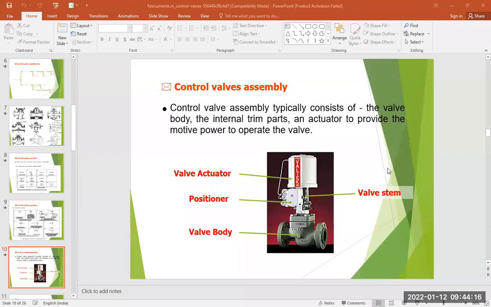Okay, so these are the three types of valve actuator: electrical, pneumatic, or hydraulic. What are the basic examples of the different types of valve actuator? In process control industries or any industries, we use actuators in different parts of a device or system.